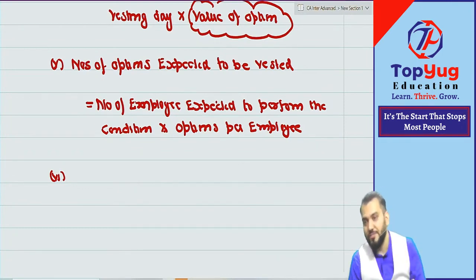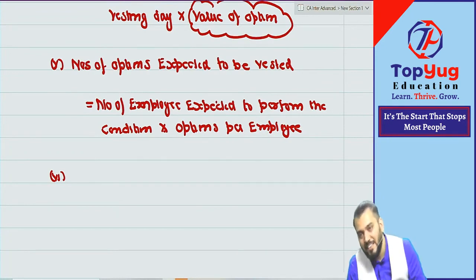So initially I have not discussed. Initially we have done questions based on intrinsic value of option.